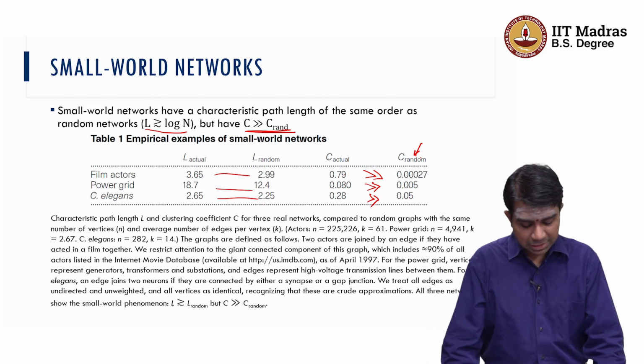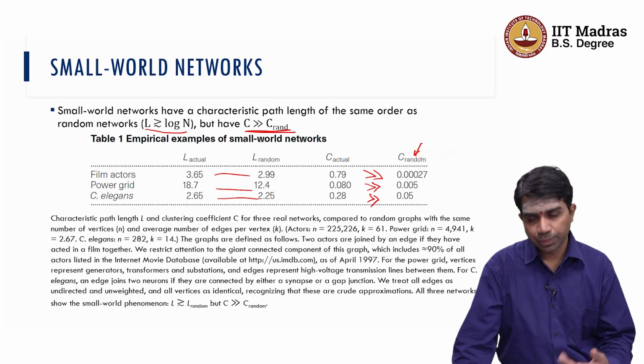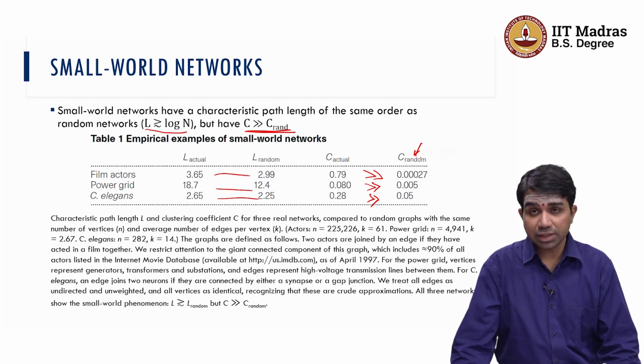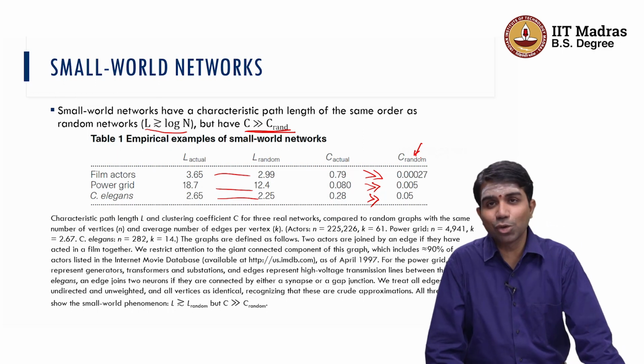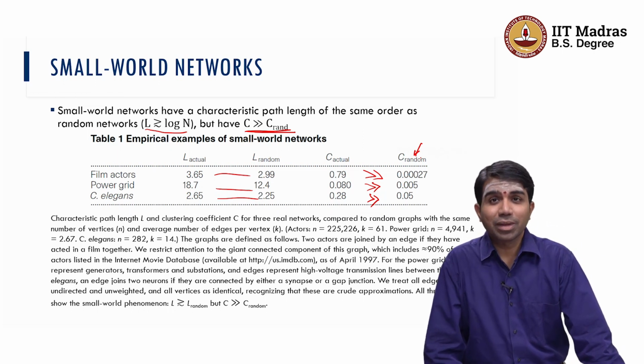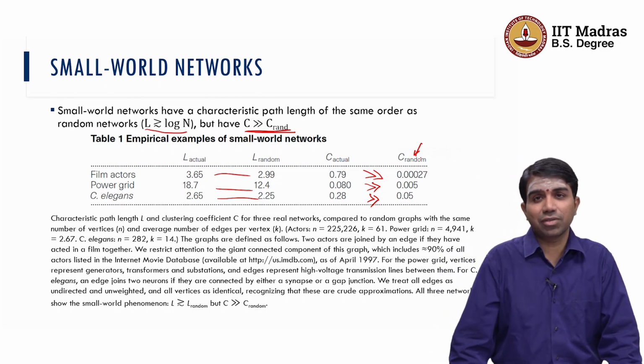The table legend below shows you further details on how these networks were constructed. This is something you can try out and understand, and this is a very old study. You can see whether the small world behavior has been retained in these networks.